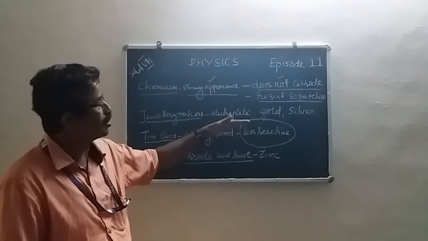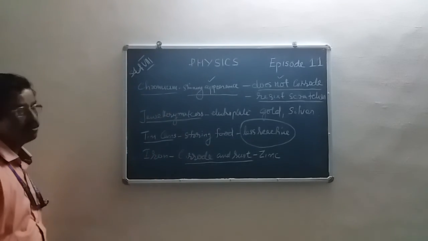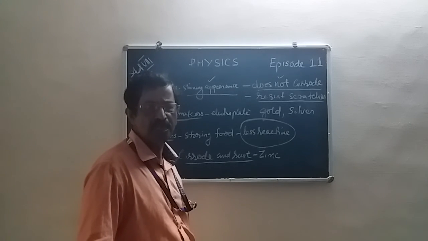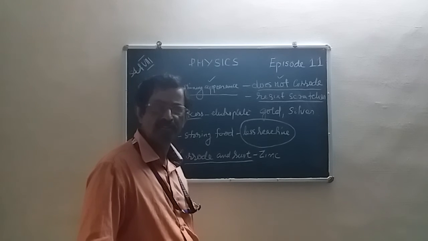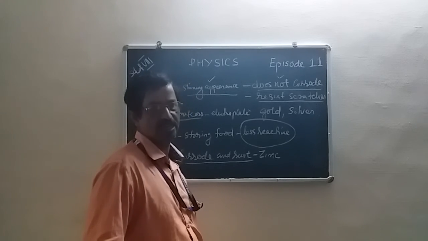So what are the uses of electroplating? What is electroplating actually? It means making a thin layer of one metal over another surface by chemical action.